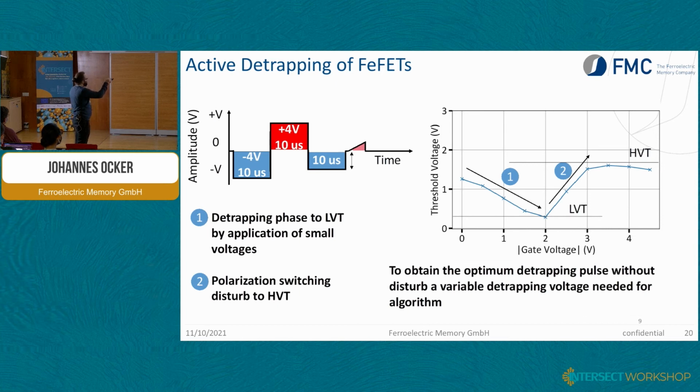We did this experiment, and we see that at 2 volt we see the biggest difference between high VT and low VT. But you have to be really careful with this voltage. If you increase it too much, you will shift the polarization again into the high VT state.